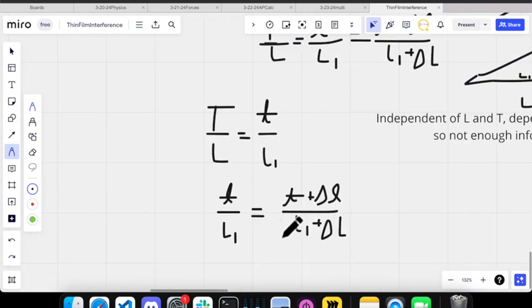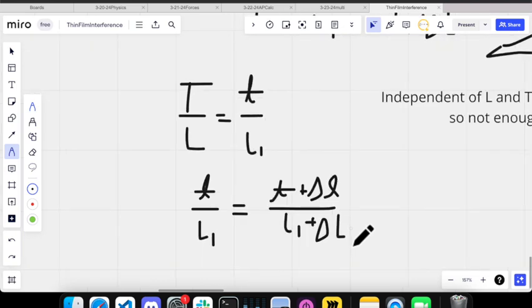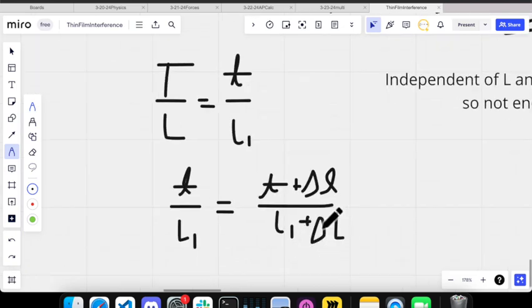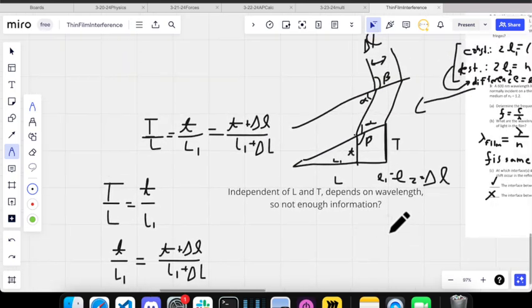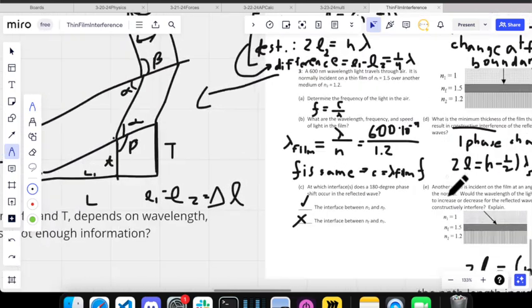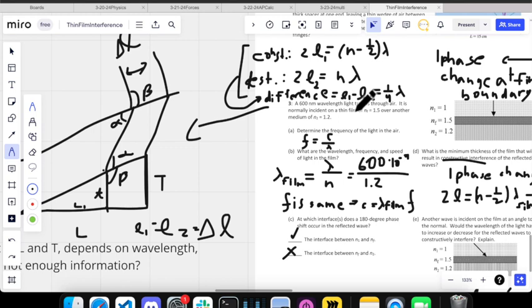But now we have two unknowns here. We still have two unknowns. We have this delta L and this lowercase delta l, right? So these would be the two unknowns, and so we still end up with one equation with two unknowns, and so we need another equation. And I think that other equation has to come from knowing the wavelength of the light so that we can determine the path length.